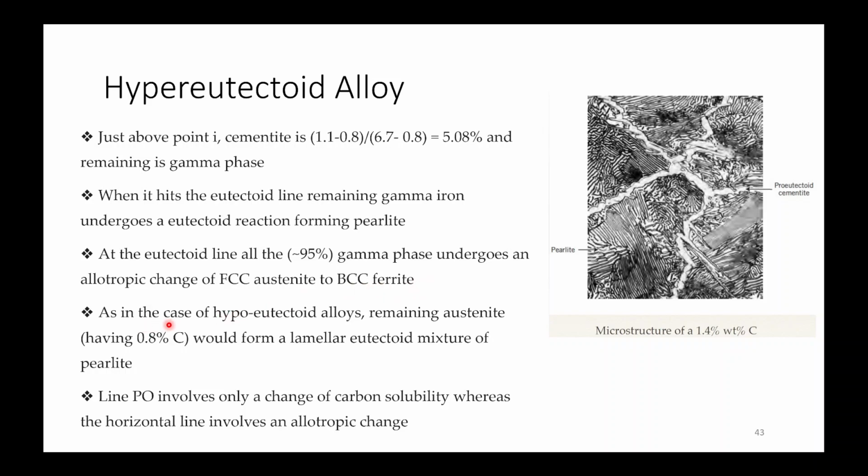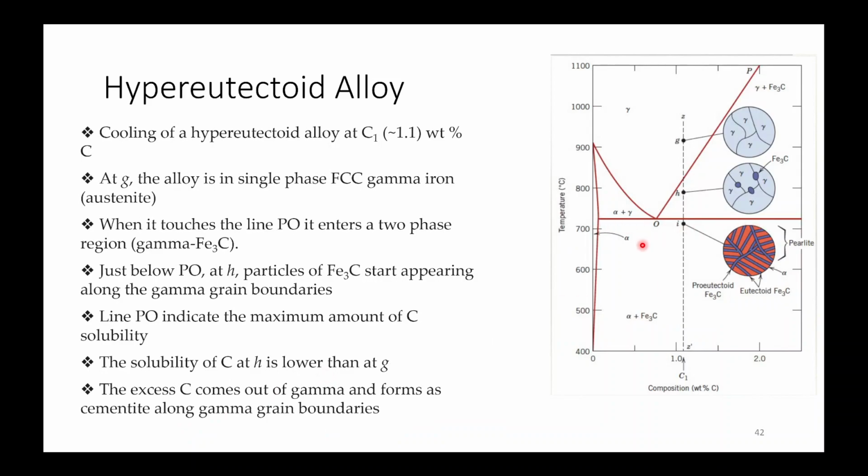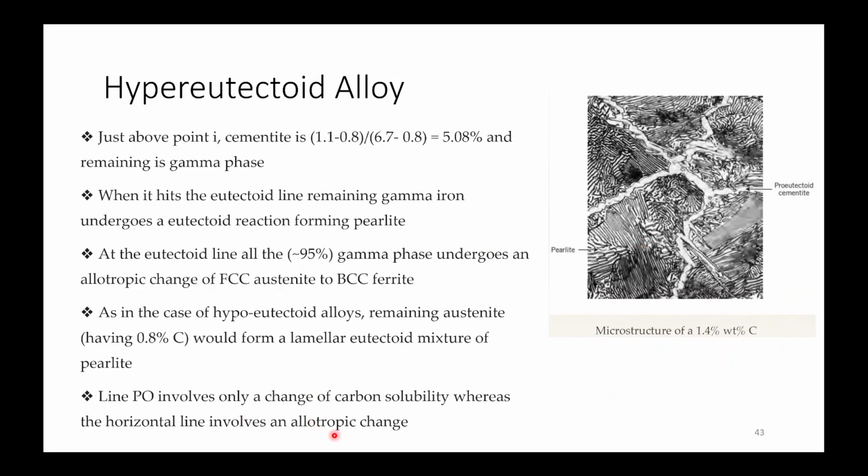As in the case of hypoeutectoid alloys, the remaining austenite having 0.8% of carbon would form a laminar type of eutectoid mixture of pearlite. Line PO involves only a change of carbon solubility, whereas this horizontal line refers to the allotropic change. Now this is your microstructure of hypereutectoid steel, where this proeutectoid cementite network forms at the grain boundaries and surrounds the pearlite grains.